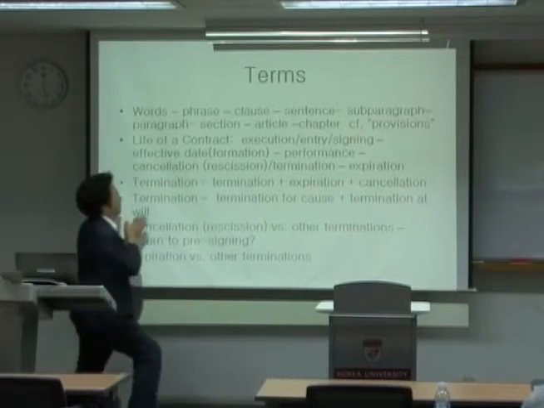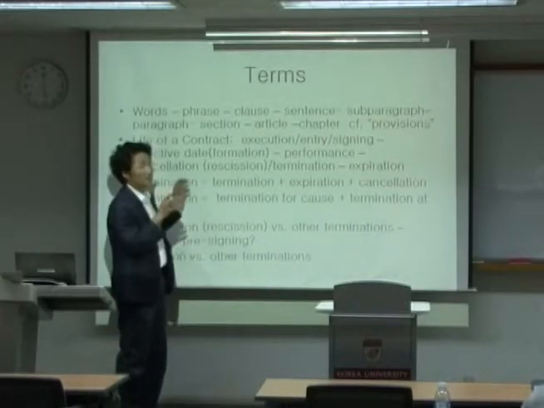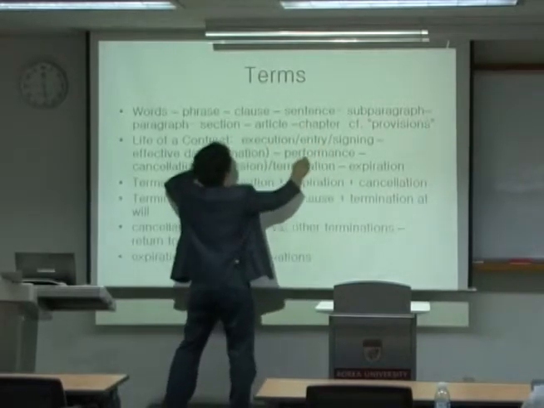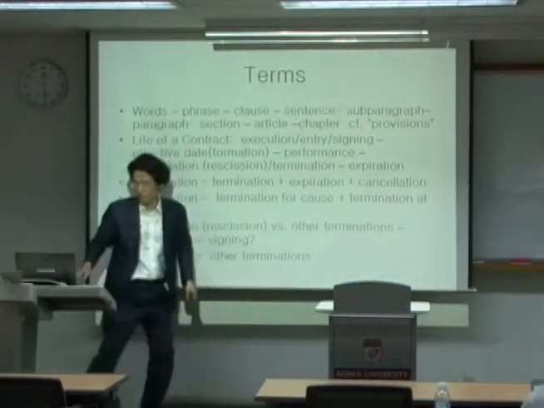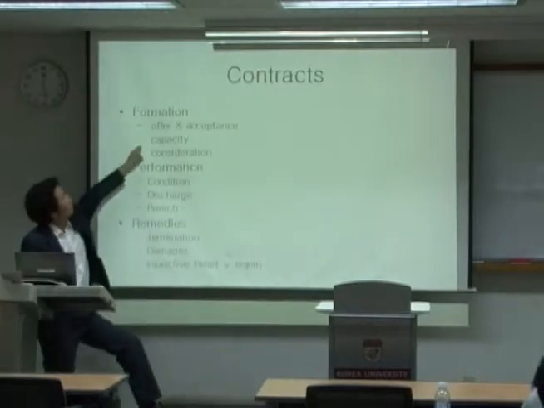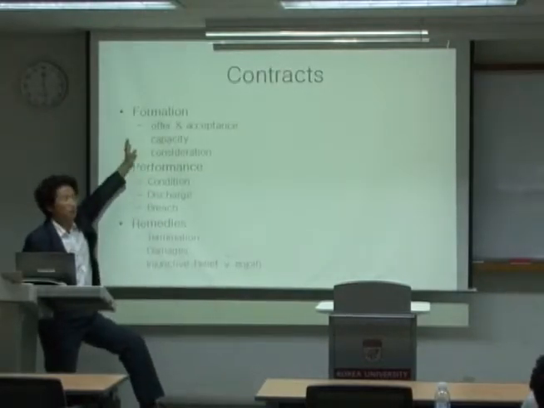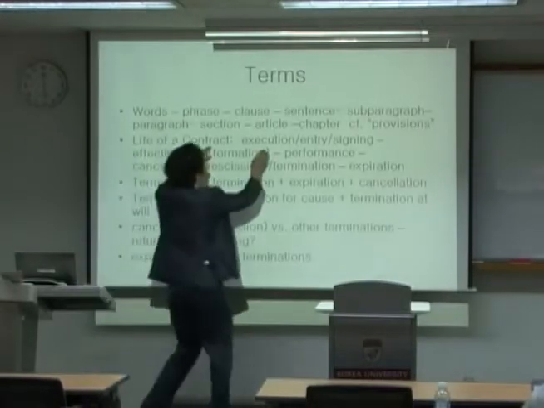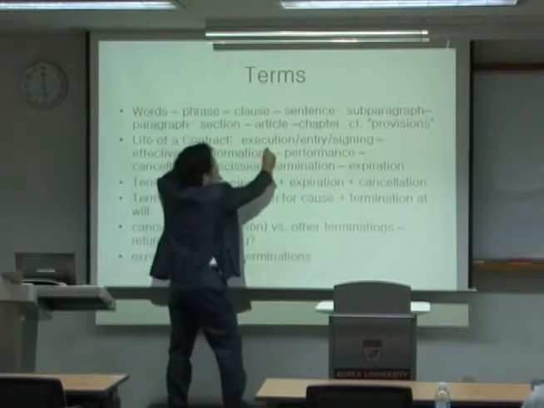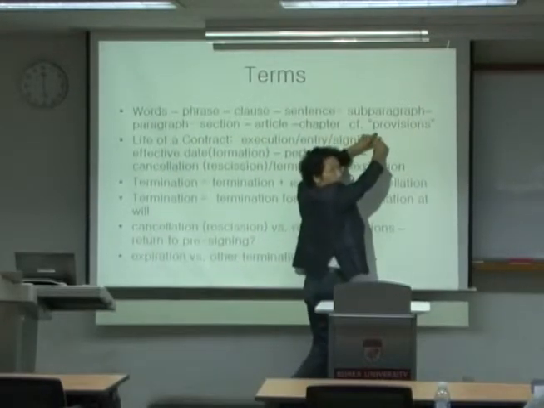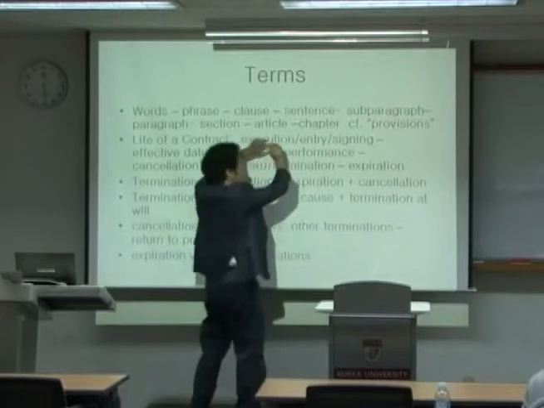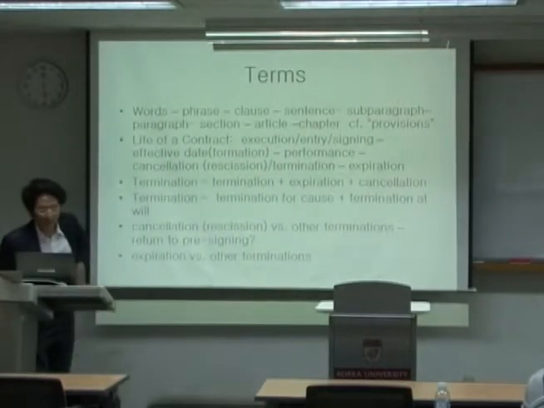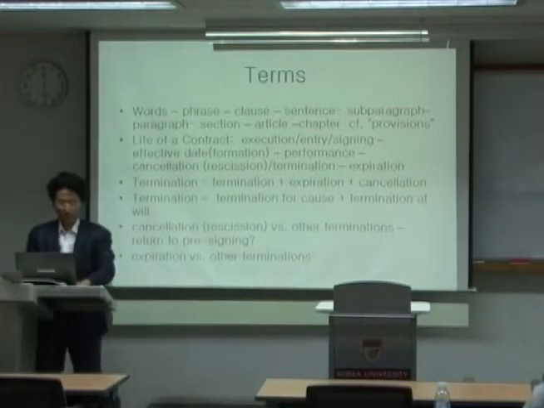I think, all right, let's revise this. When a contract is executed, entered into, or signed, if these three elements, offer and acceptance, capacity, and consideration, are all met, then the contract is formed. So can you please take out formation and put it right here. But the effective date comes later. The effective date can come after formation. I'll change it for you.